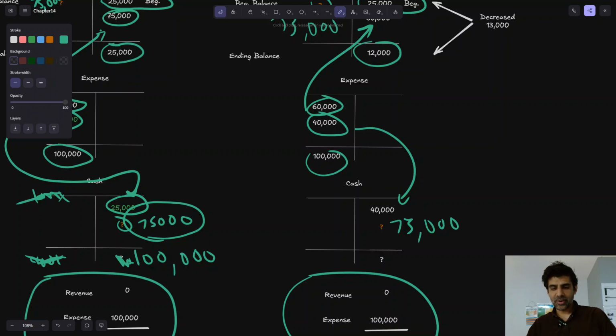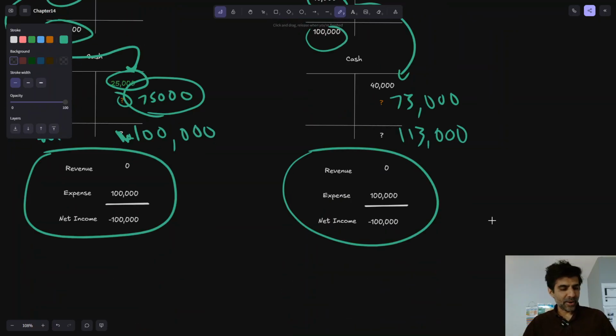And in this case, what is the decrease here? What is my total credits to cash? 73,000 plus 40,000. What is it? 113. Do we agree? Okay. So how do I reconcile net income to my cash flow? Because now I know that my cash decreased by 100,000, and my net income is negative 100,000.